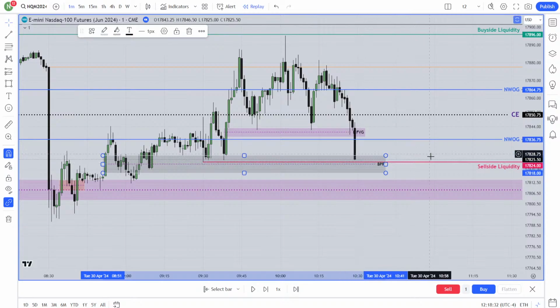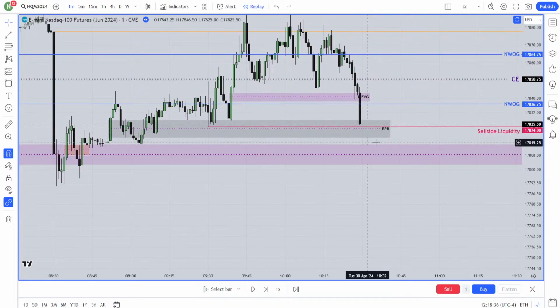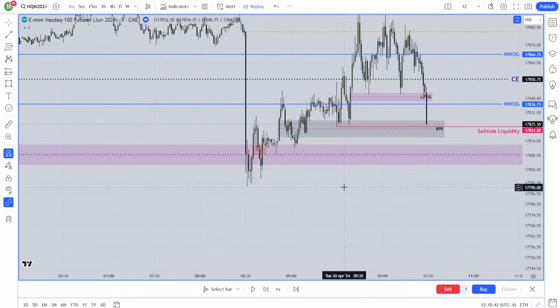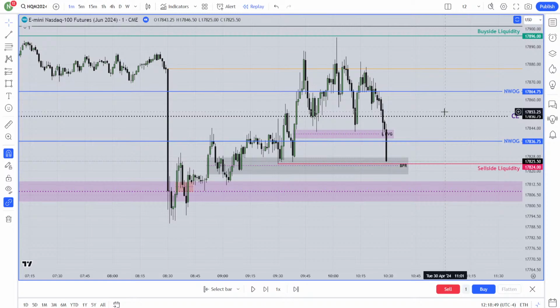It should reverse. If market would love to go lower, I'm not interested to take entry. If market would love to go lower, why are you not interested? I don't have any sell side liquidity. Simple thing, man. I don't have any sell side liquidity. I have only the buy side liquidity. So if I would love to take entry, I would take a buy entry, not a sell entry. Okay.